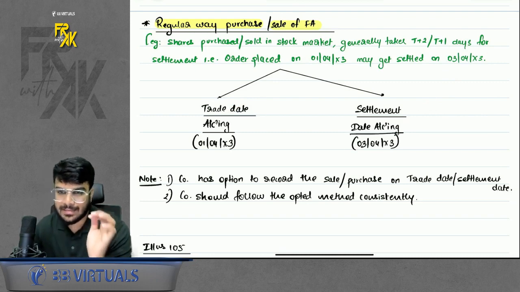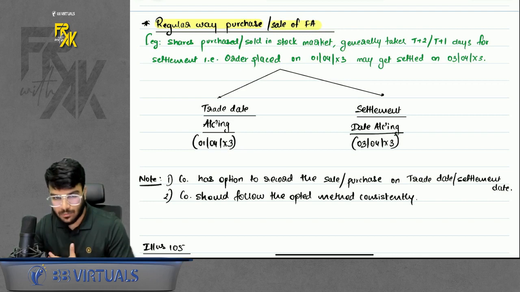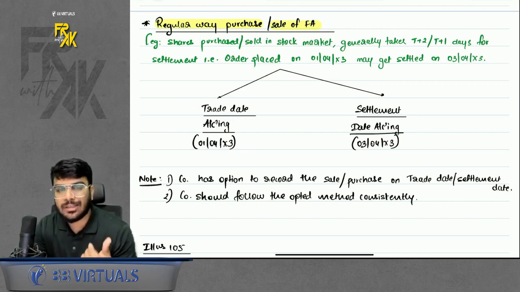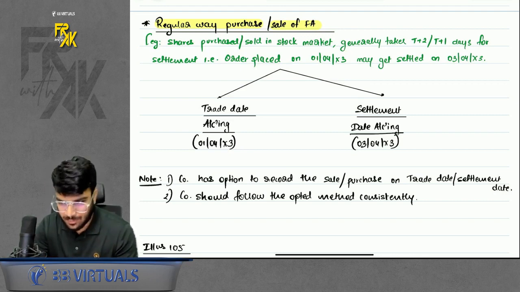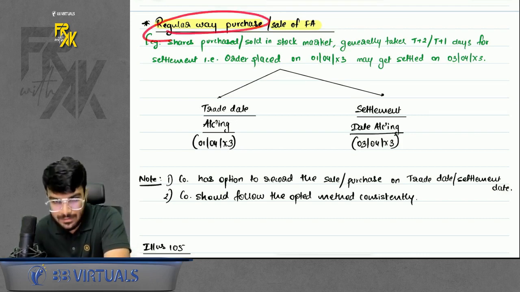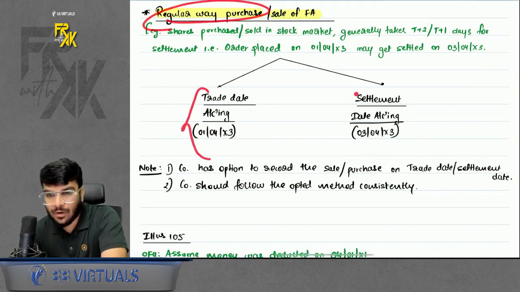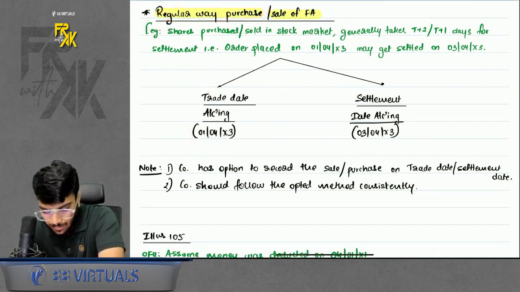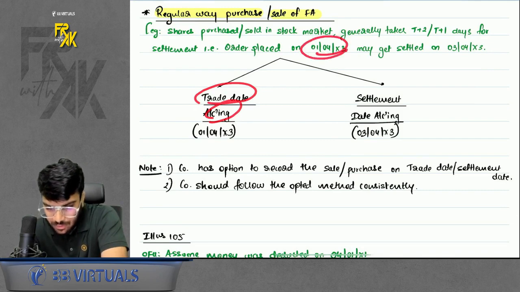The question arises: on which date will you record the shares in your books of accounts? On which date will you record the financial asset in your books of account? That is the question in case of regular way purchase sale. So the company can follow either of the days. If the company wants to follow trade date accounting, it will record the financial asset on the trade date.